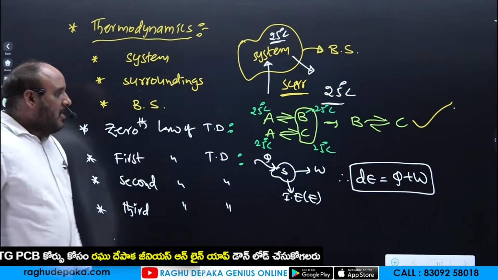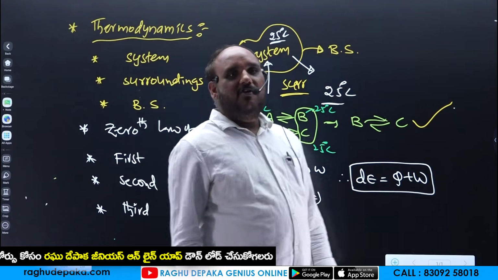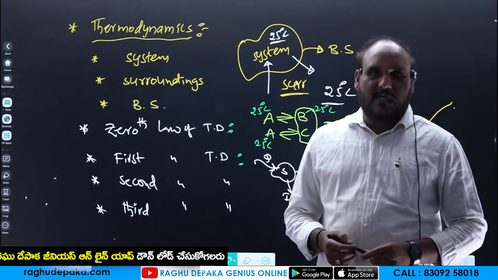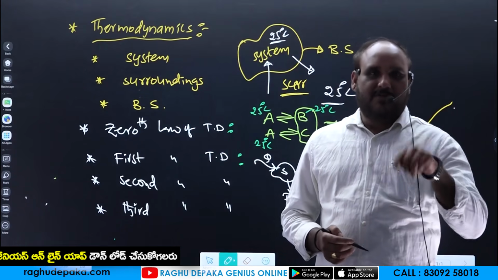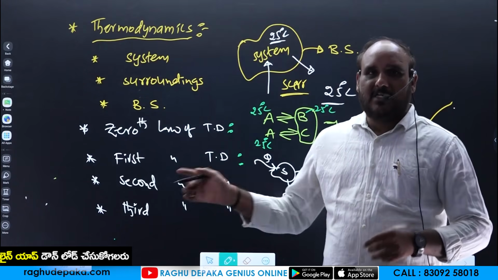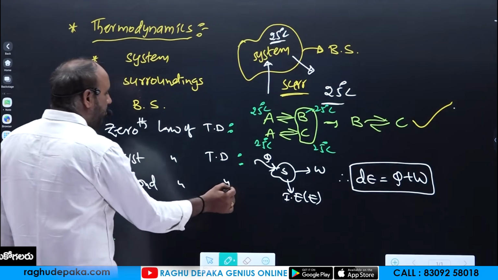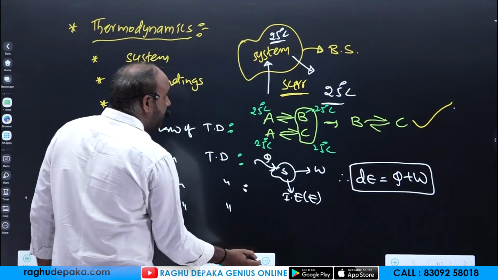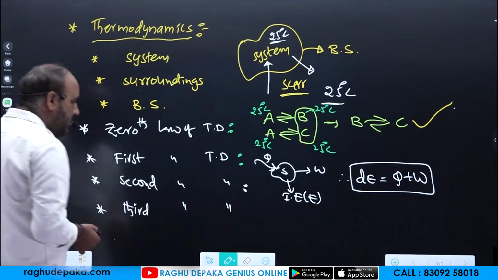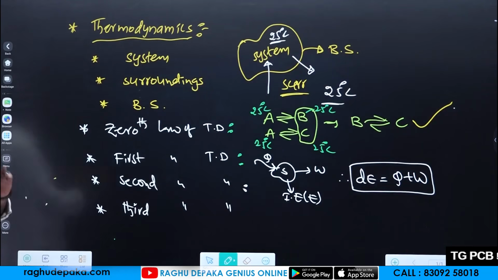Right? But there is no discussion regarding the spontaneous nature in the first law of thermodynamics. Therefore, the concept of spontaneity can be explained with the help of the second law of thermodynamics by introducing one new concept that is called entropy. So, in the second law of thermodynamics, we have to introduce the entropy concept. What is meant by entropy?